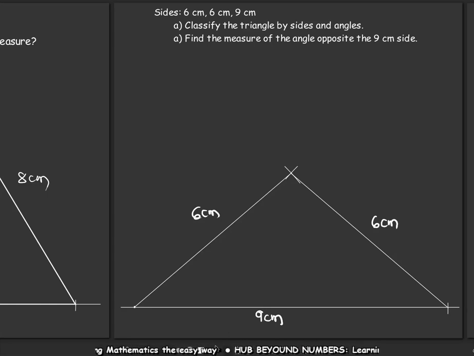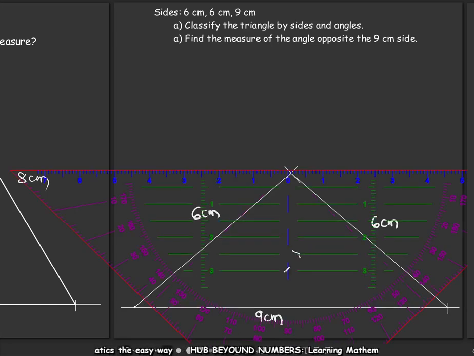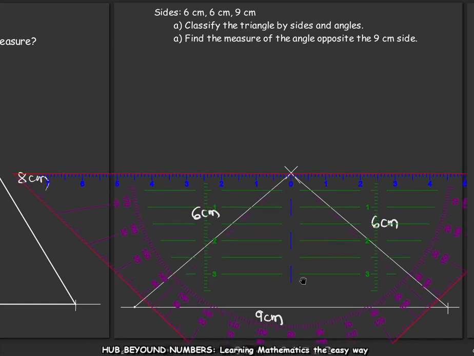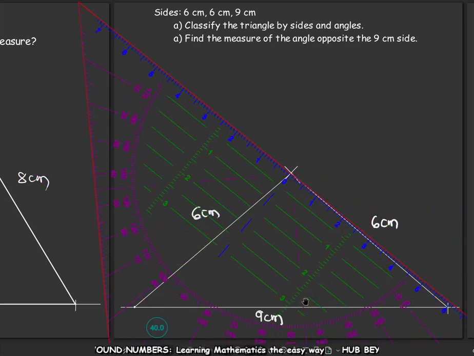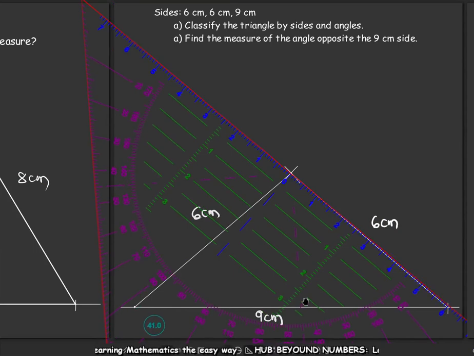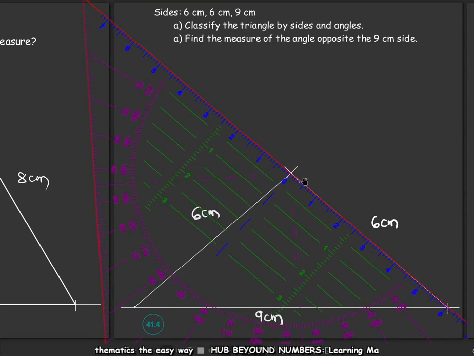So for the sake of time, I'll just skip that, or you can just quickly do it as well. So I bring this here, and then you rotate it and make sure your protractor aligns with one of the angles. You see, then you now measure it, and that is around 98, 97 thereabouts, right?